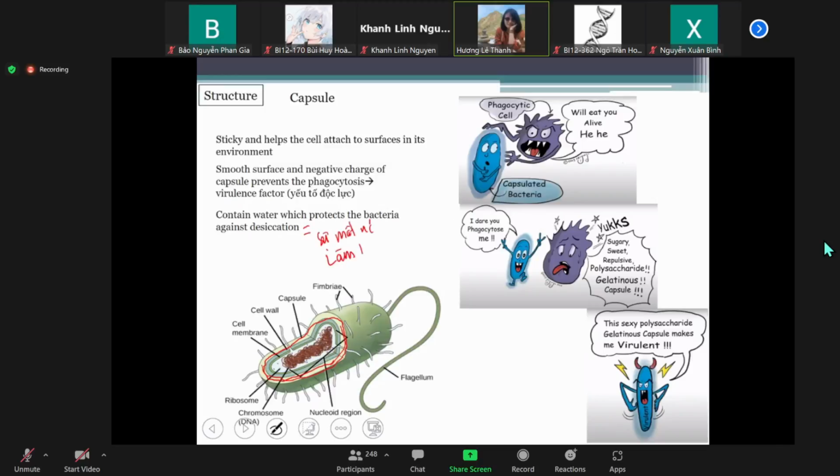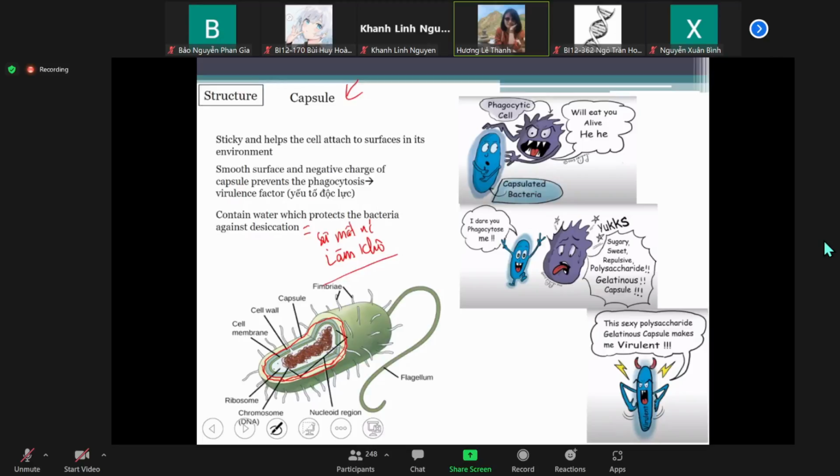Because they contain water, and because they are sticky, they help the bacteria attach to surfaces in the environment, and they are smooth and prevent phagocytosis, so it's really important to the bacteria. So think about a gram negative bacterium with a capsule, so it's really hard to kill them, right?